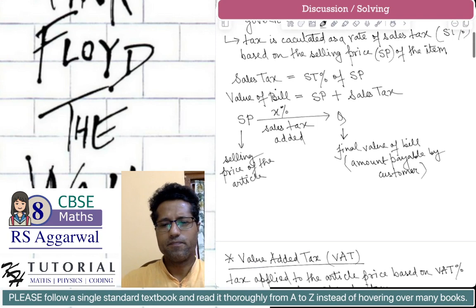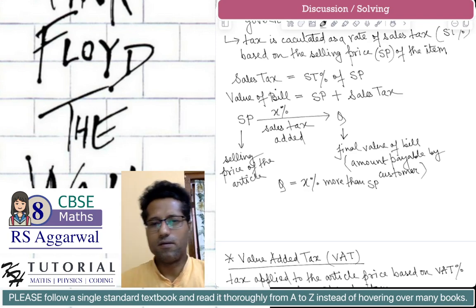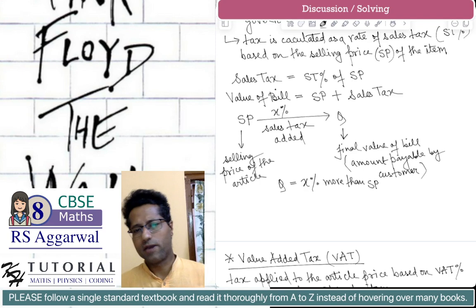So, definitely we will have Q equal to X% more than SP. Yes, because the sales tax will be equal to X% of SP.